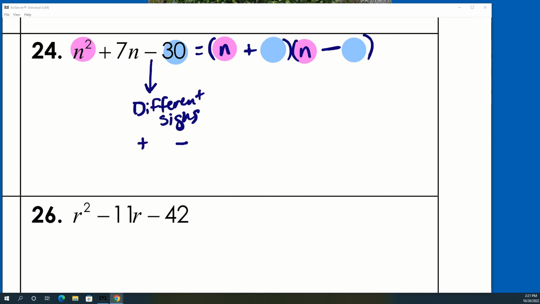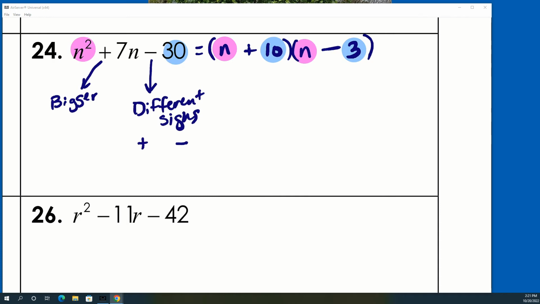Look in the box that has 30. Those are all the numbers that multiply to give you 30. The ones that subtract to give you 7 are 3 and 10. We want to get a positive 7, so we have to decide which one of those numbers needs to be positive. It needs to be the bigger. So 3 is negative, 10 is positive, and that's it. That's factoring trinomials that are the normal ones.